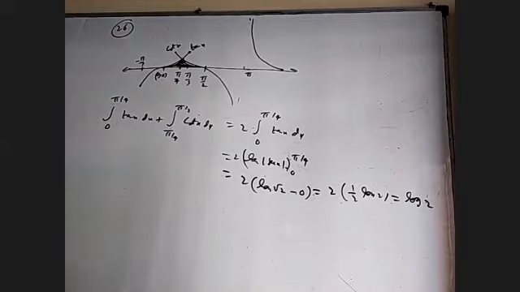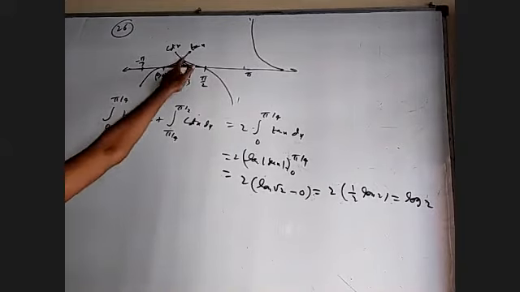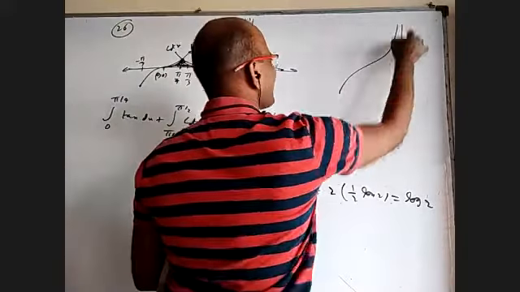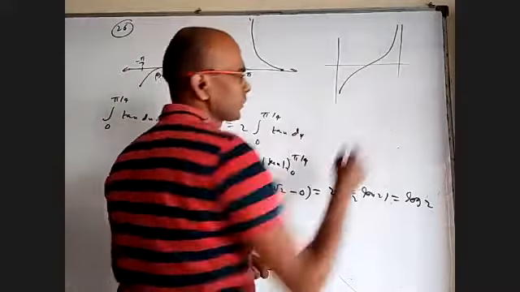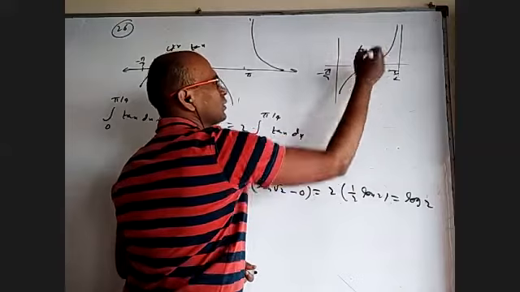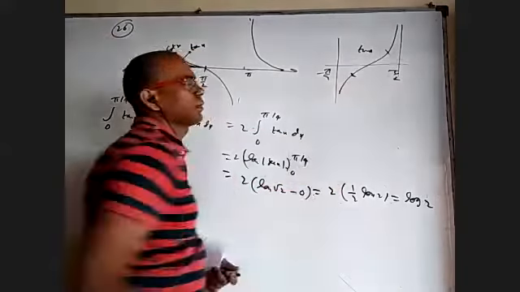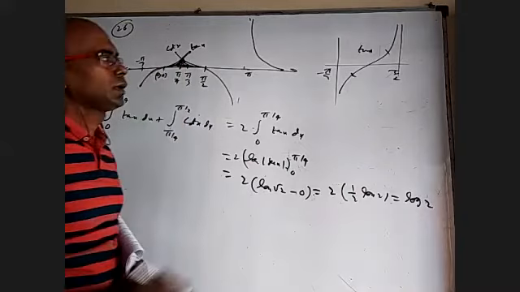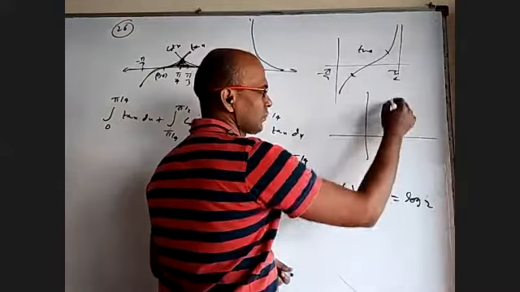Graph is very simple. This is a graph of tan x between minus 60 to 60 degrees. The actual graph of tan x between minus 90 to 90 is this whole thing. This is minus pi by 2, this is pi by 2, this is a graph of tan x. Take only from minus pi by 3 to pi by 3, so that is this piece. Cot x is normally in the first three quadrants.